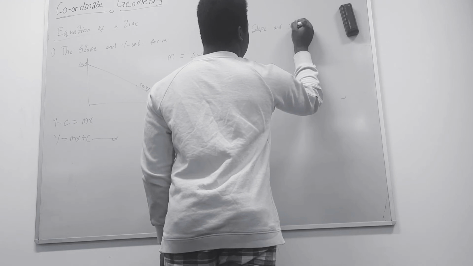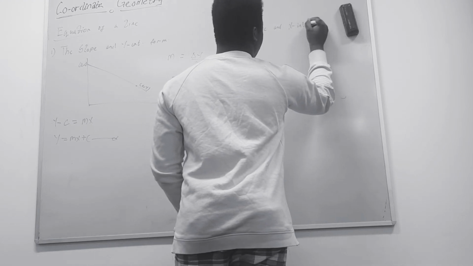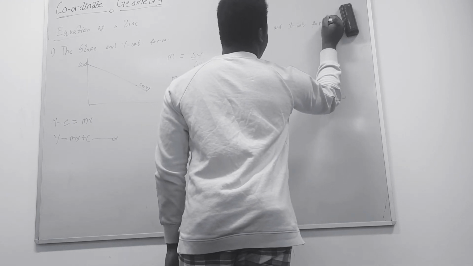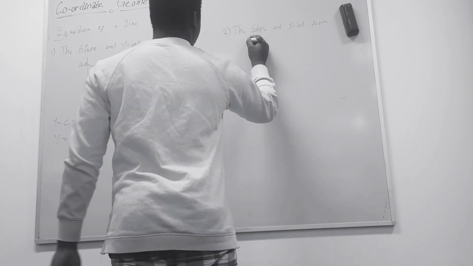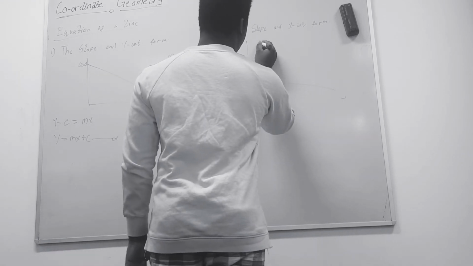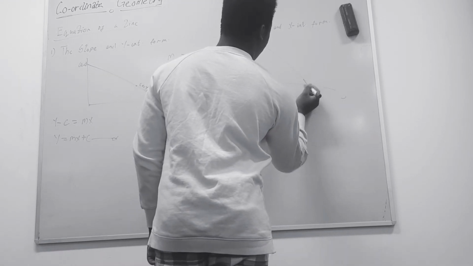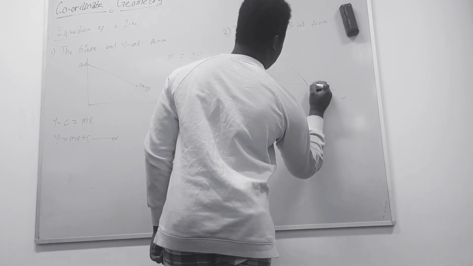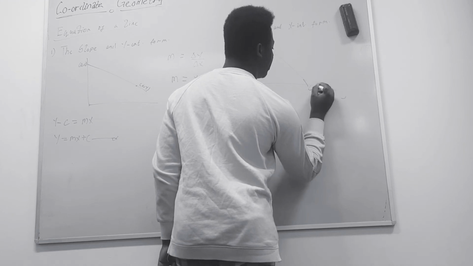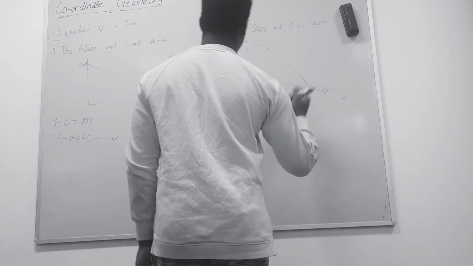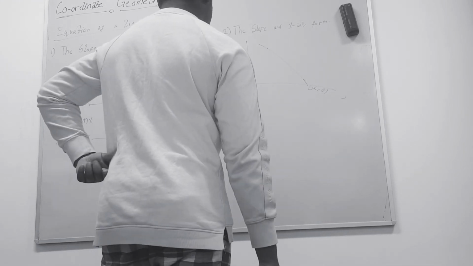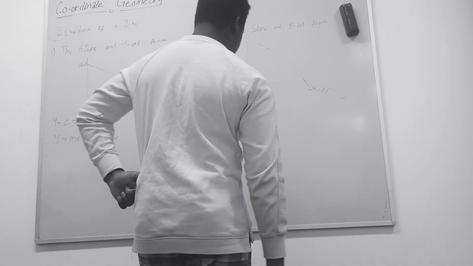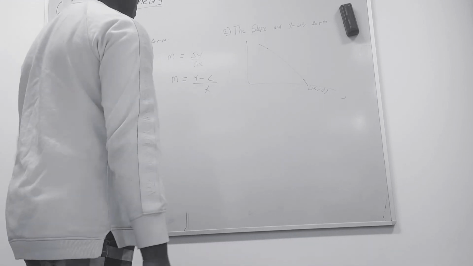The second form is the slope and x-intercept form. If I have some arbitrary point on the x-axis, this is point k, 0, because the y value here is obviously going to be 0 because it intercepts the x-axis.